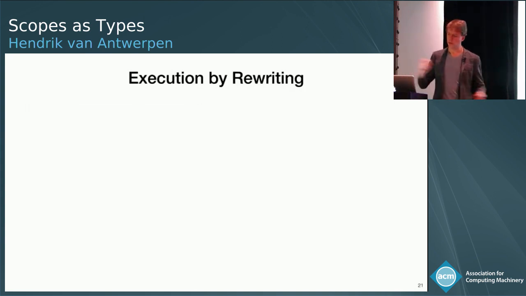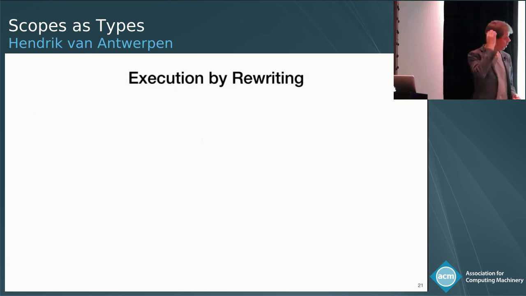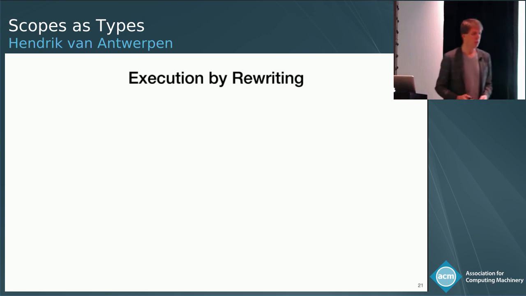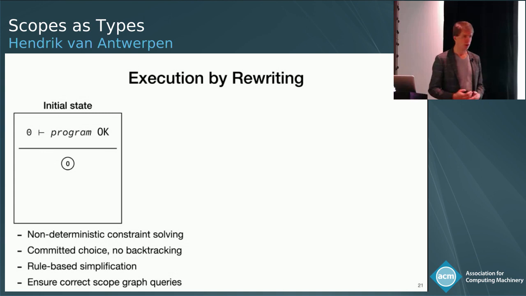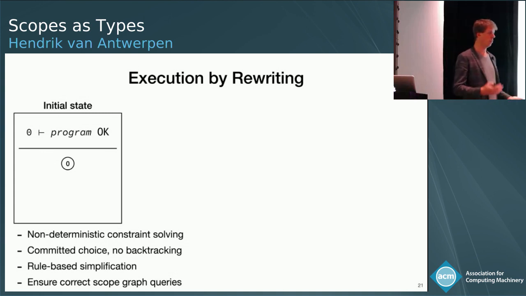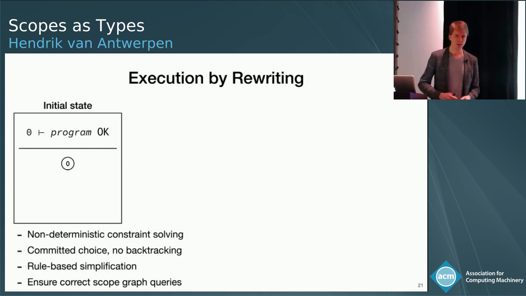So, based on this idea, we have an execution mechanism which executes our specifications by treating the typing problem as a constraint problem. And we do rewriting of the constraints based on the rules that are in our specification. This is a committed choice algorithm, so it doesn't do any backtracking.